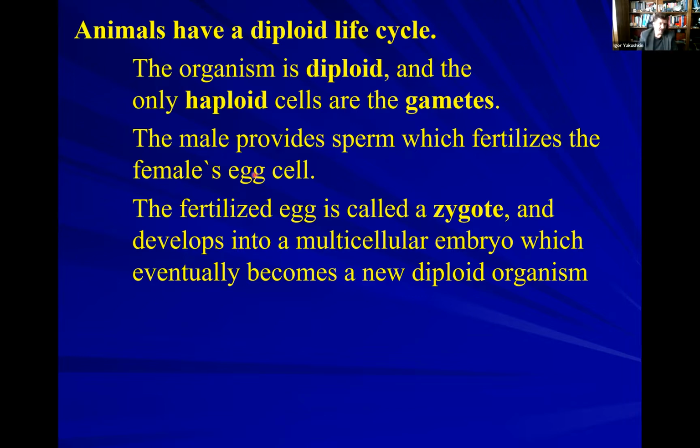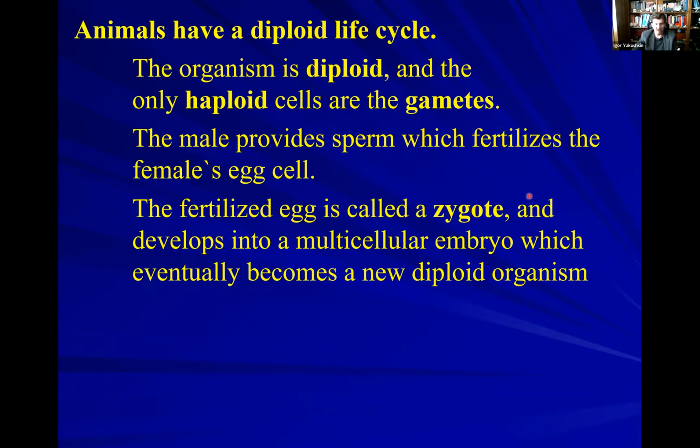Remember, some of the organisms are hermaphroditic, meaning they have both male and female gonads at the same time. Later on, especially with the simpler organisms, we'll talk about some of the parasitic worms. Most of those parasitic worms are hermaphrodites. Not all, but most of them. So a fertilized egg is called a zygote, and that's already a diploid.